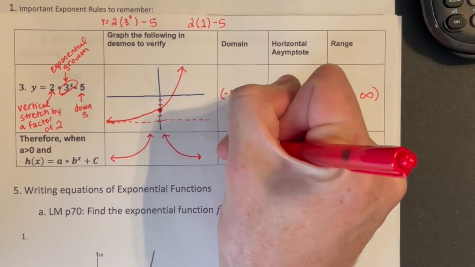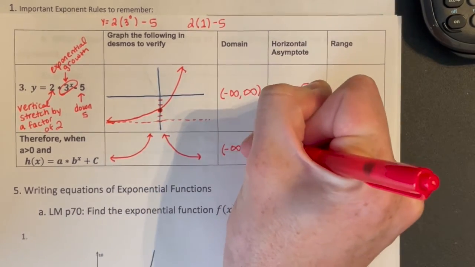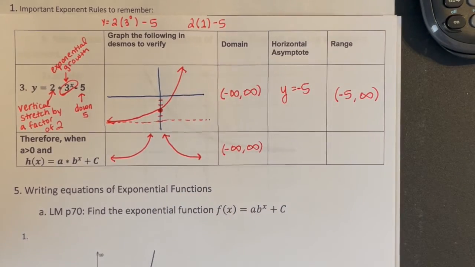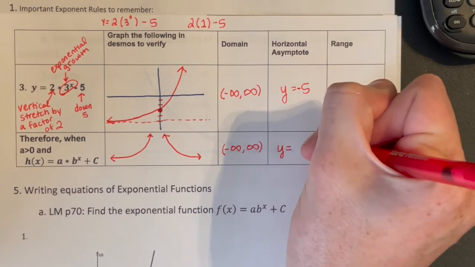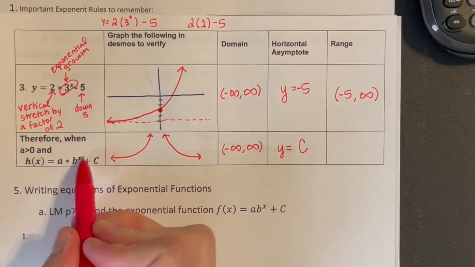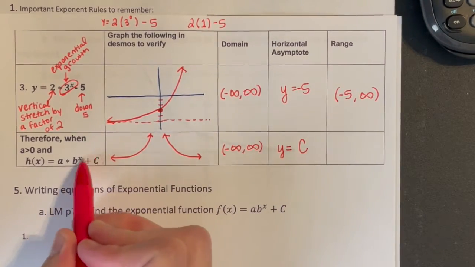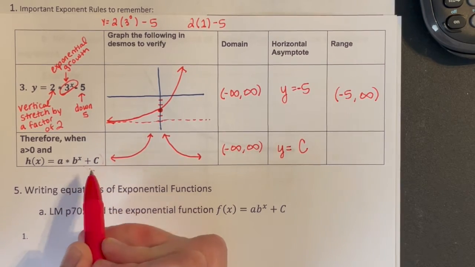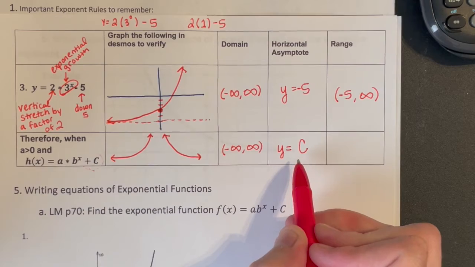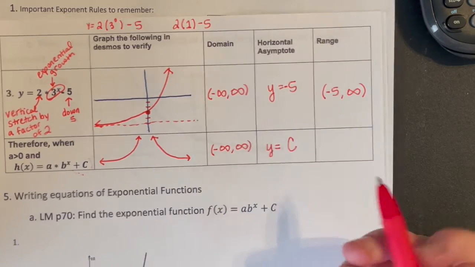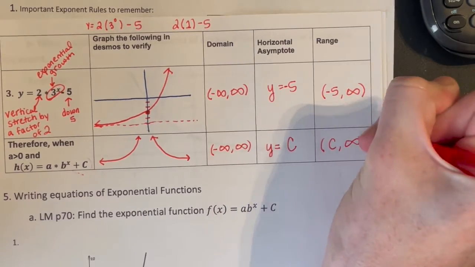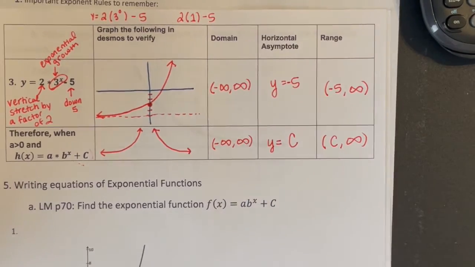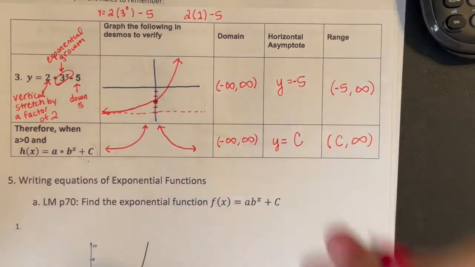Its domain is always going to stay negative infinity to infinity, our horizontal asymptote is going to stay with whatever that vertical shift was. So if it was shifted up or down, that c value is going to affect our horizontal asymptote. That makes the range c to infinity.